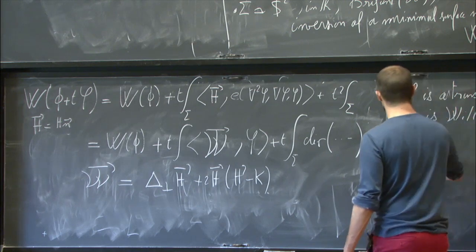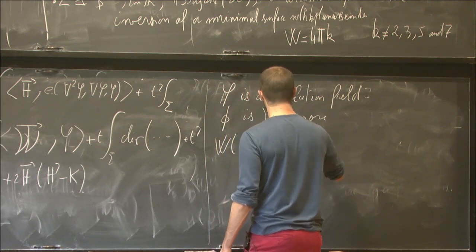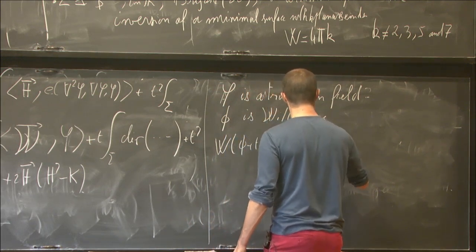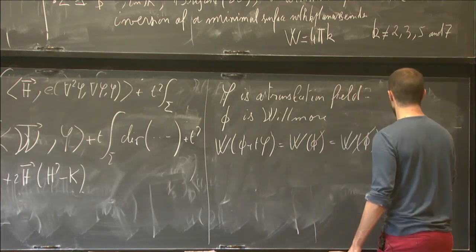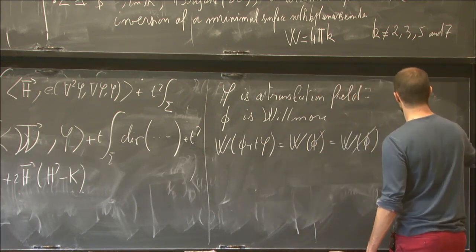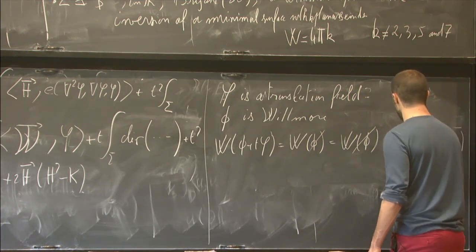Since it's a translation field, it's invariant. So the first term vanishes, and you just have this divergence term at order t, plus some t squared.